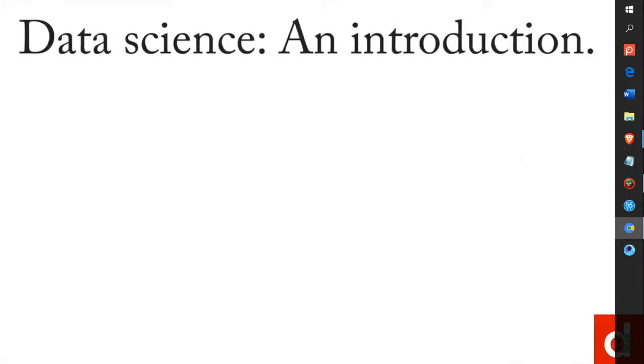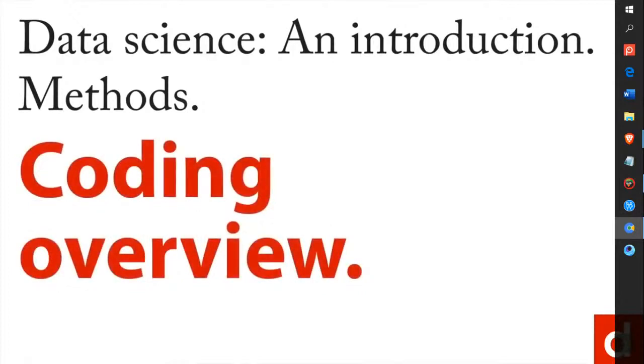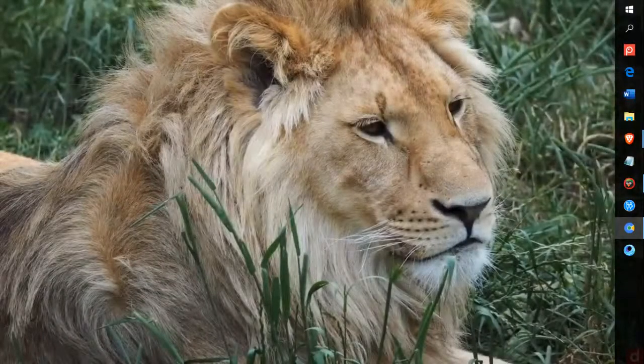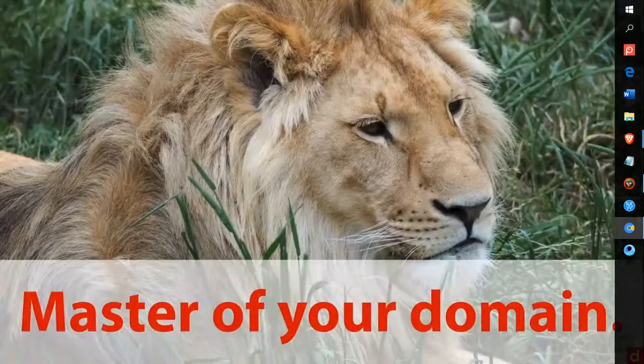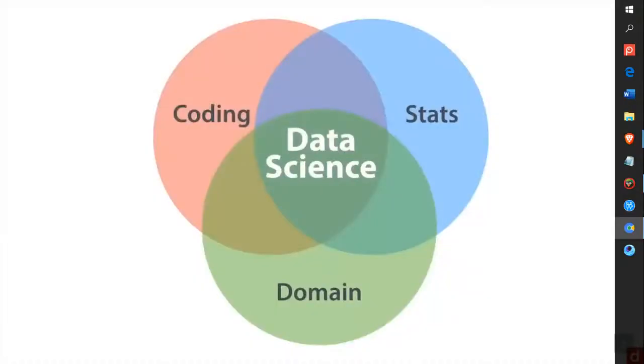The next step we need to talk about in data science methods is coding, and I'm going to give you a very brief non-technical overview of coding in data science. The idea here is that you're going to get in there and you are going to be king of the jungle, master of your domain, and make the data jump when you need it to jump. Now, if you remember when we talked about the data science Venn diagram in the beginning, coding's up here on the top left.